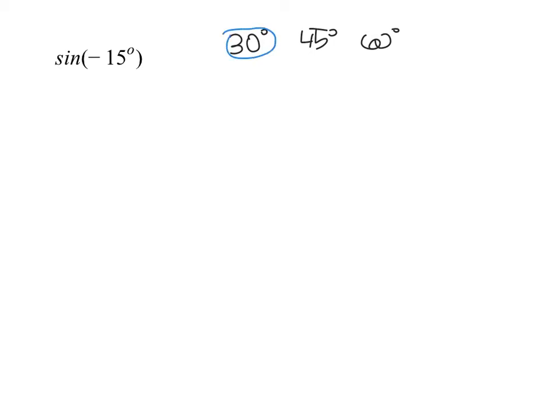So 30 degrees and 45 degrees are the angles we're going to use for x and y. And because it is subtraction, the order does matter. So we're going to pick x to be 30 and y to be 45, because 30 minus 45 is negative 15.